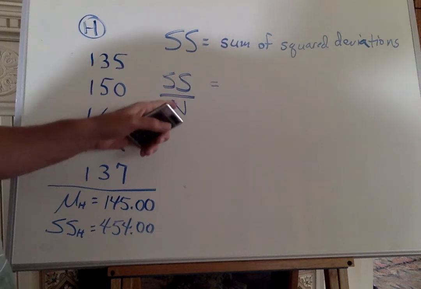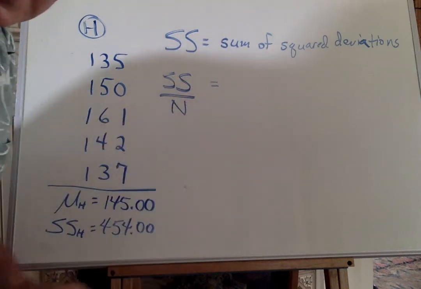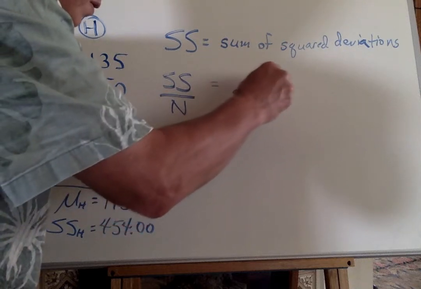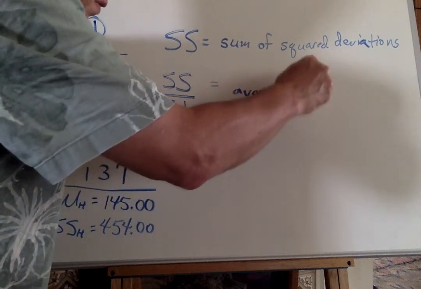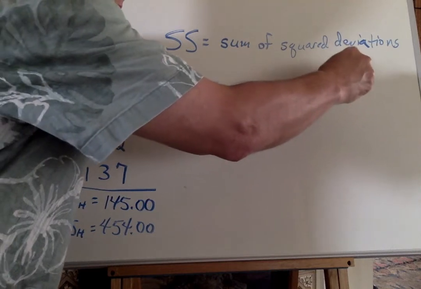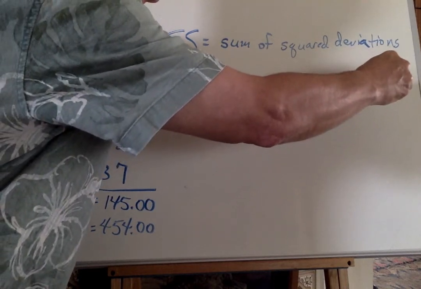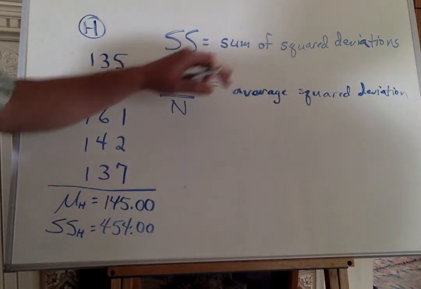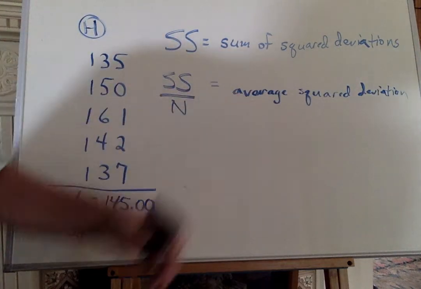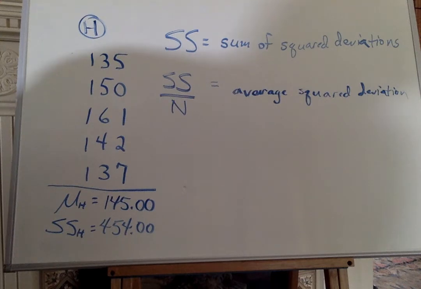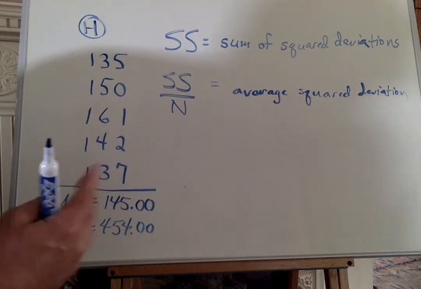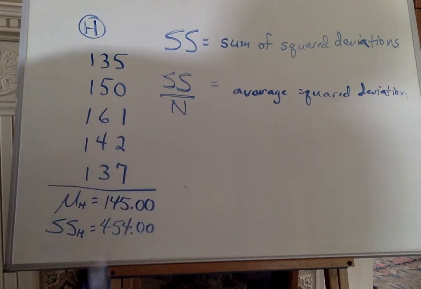If we divide by n, then how would we describe this in words? Well, then this becomes the average squared deviation, right? Take my sum, I divide it by n, so now it becomes the average squared deviation. Everybody got that? To get an average, divide by the number of things that went into that sum.